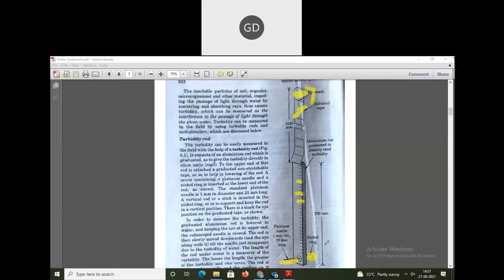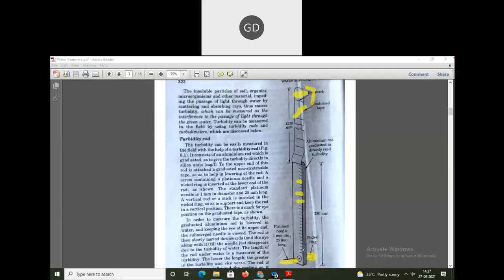The rod slowly moves downward and you have to keep on seeing the rod till you are unable to see the needle. This needle at the down part will completely disappear at a point of time.